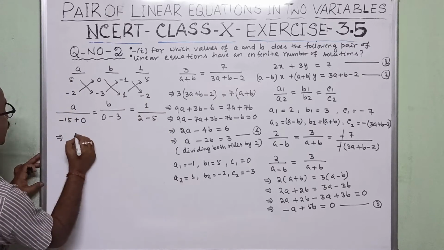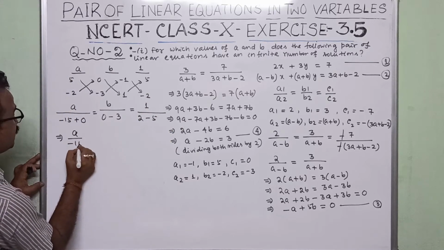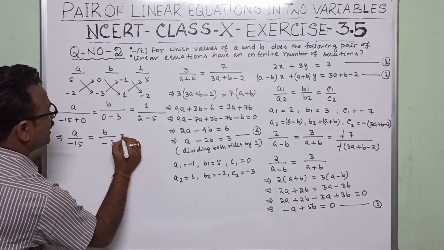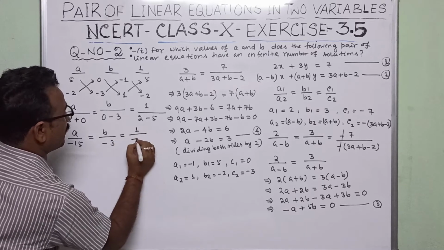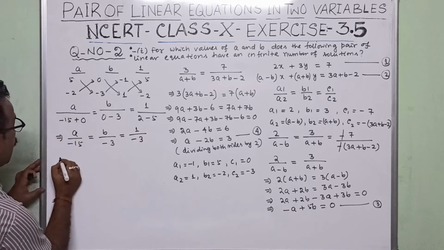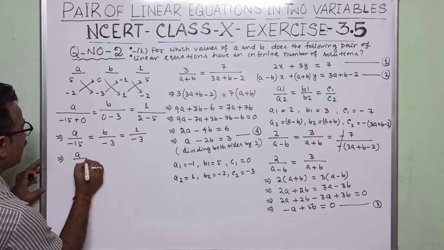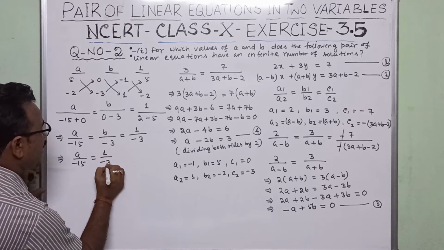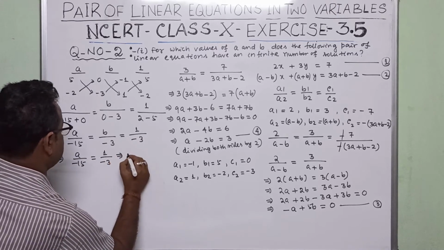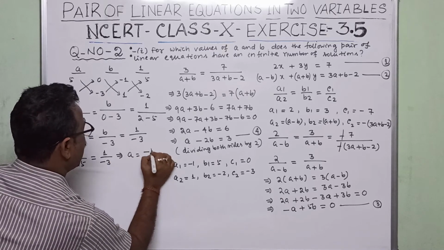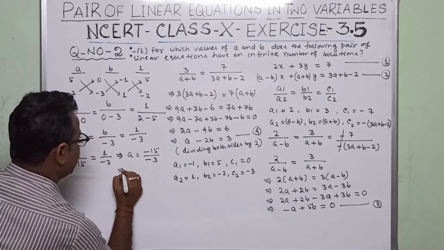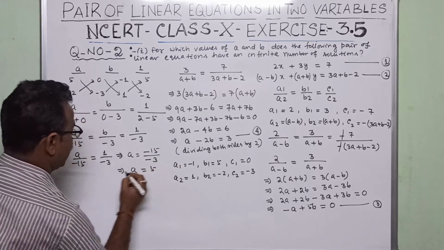That implies here A by minus 15 is equal to B by minus 3 is equal to 1 by minus 3. So A by minus 15 is equal to 1 by minus 3. That implies A is equal to minus 15 by minus 3, that implies A is equal to 5.